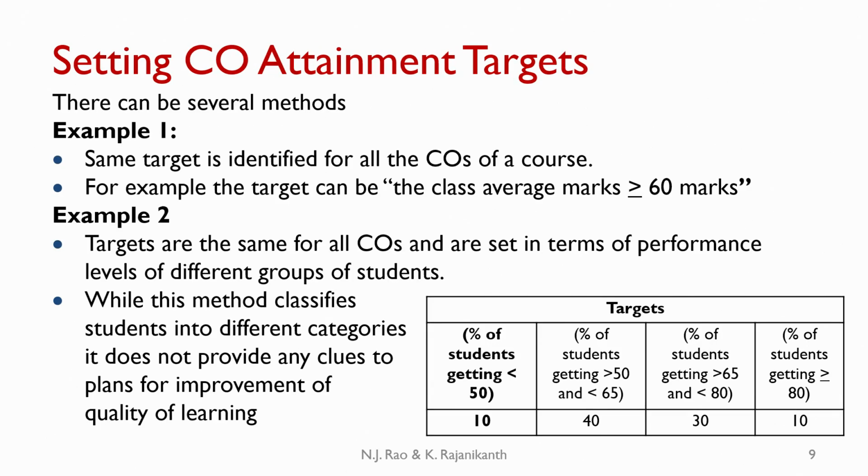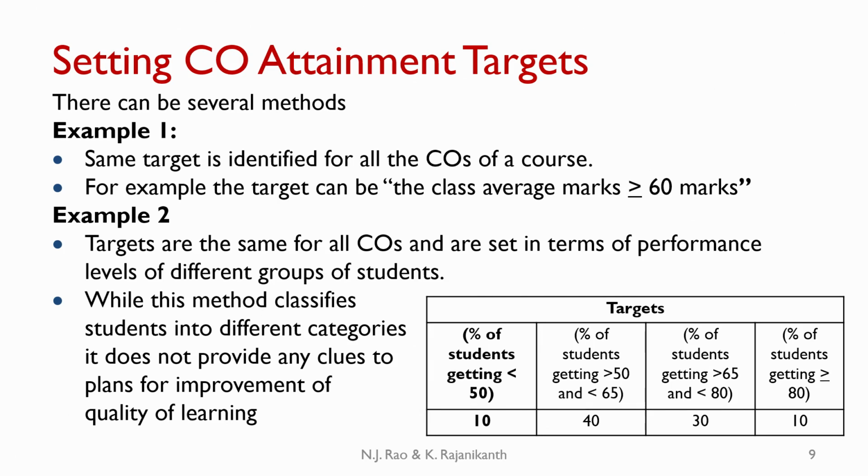Now, the next important thing would be setting the CO attainment targets. As we have seen earlier, writing the course outcomes is one step, but we need to set a target attainment level for each CO, and after delivering the course, we have to determine the actual level of attainment of that outcome.